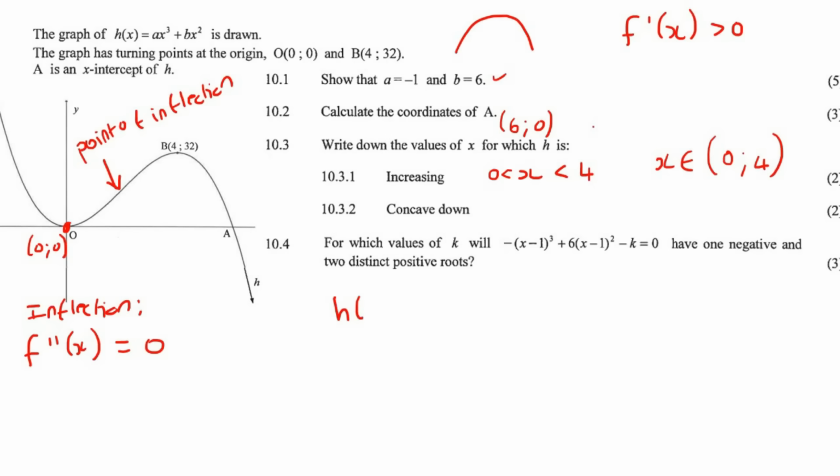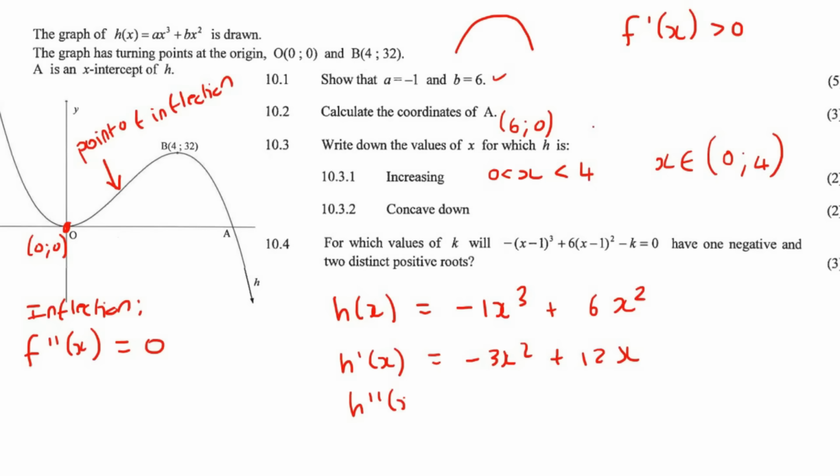So we're going to have the original equation, which is this. Then we're going to take the first derivative. And then we're going to take the second derivative. And that's a plus 12. And then we're going to make that equal to 0.